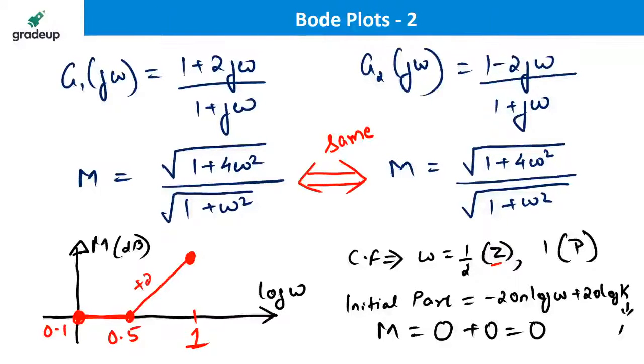So the slope was plus 20, minus 20, now it becomes 0, and 0 slope means parallel to the x-axis. From this point, take a line parallel to the x-axis with 0 slope.